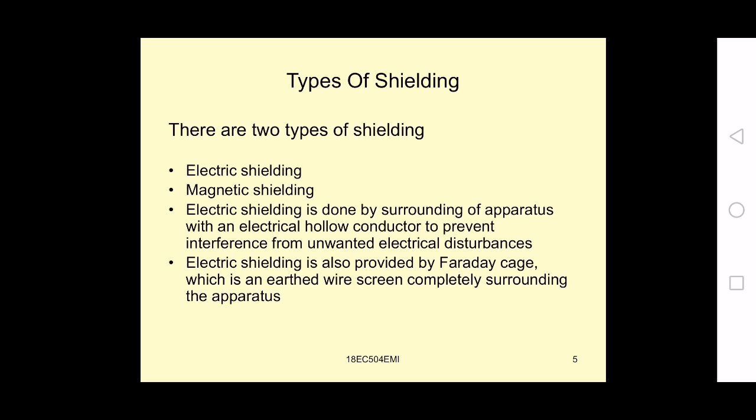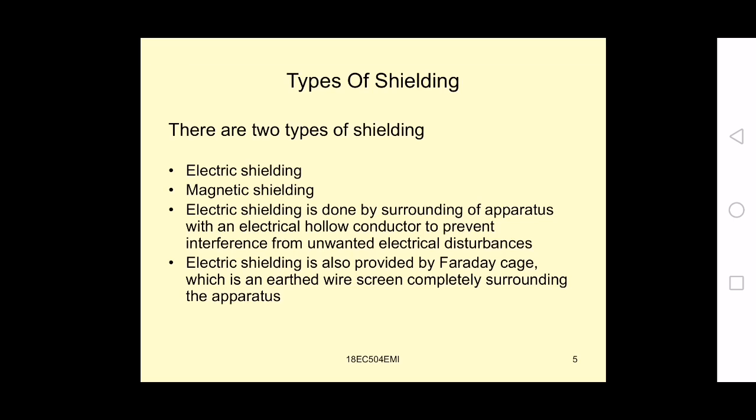The other is by providing Faraday cages, in which we place an earthed wire screen completely surrounding the apparatus.